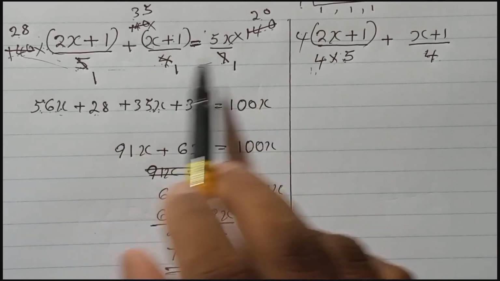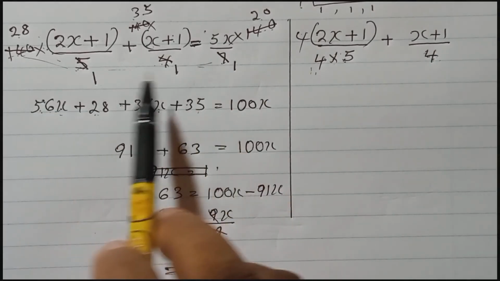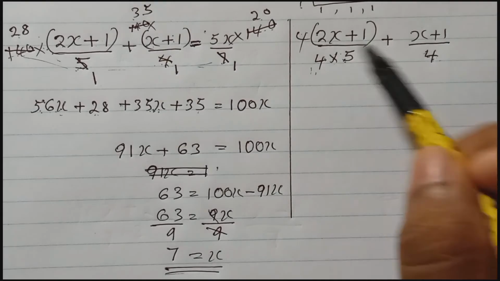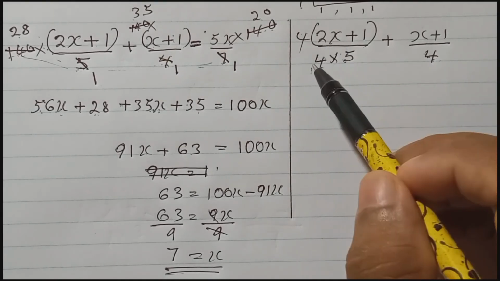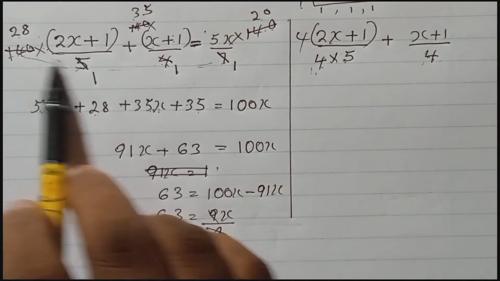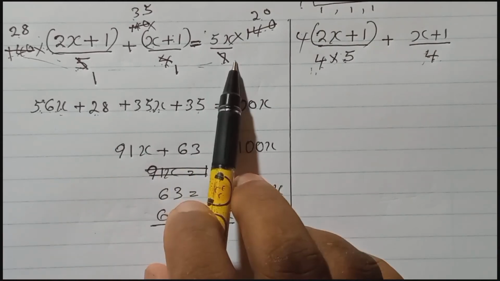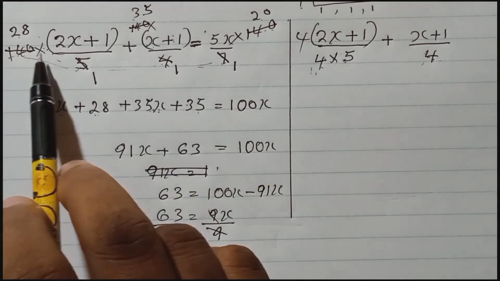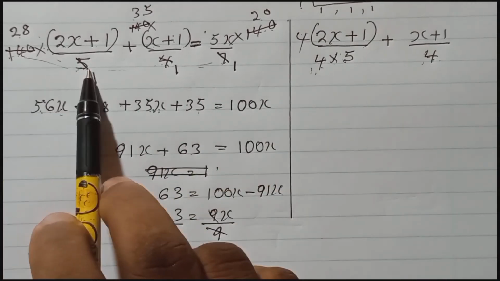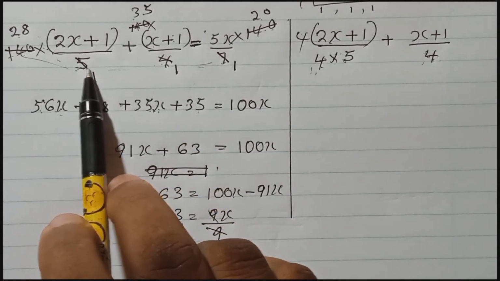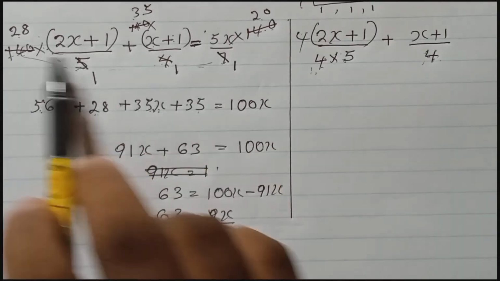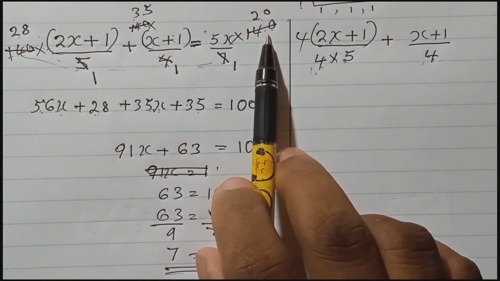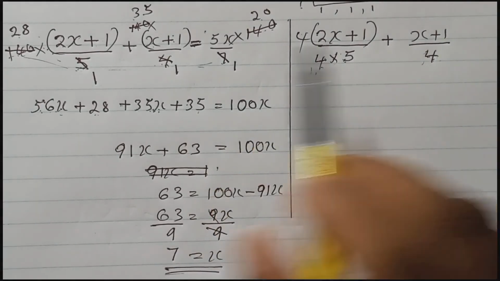Here something is different. When you make the same denominator, you need to multiply numerator and denominator both. But when you want to remove the denominator from an equation, you have fractions here, and from these fractions you need to remove the denominator. So get the LCM, and multiply all these fractions by the LCM, right? Here not like that.